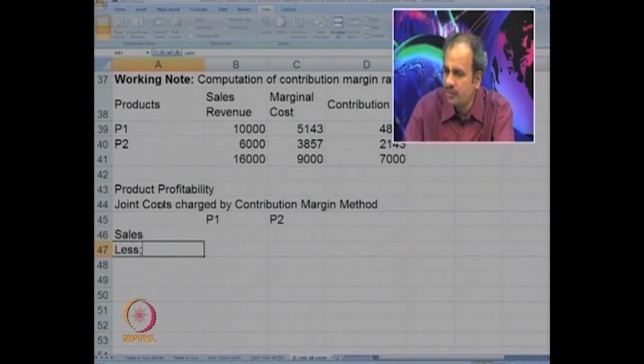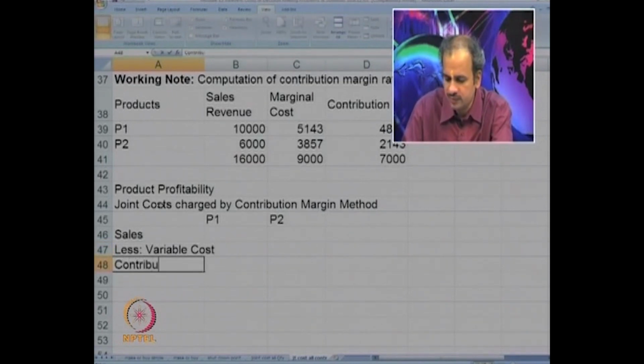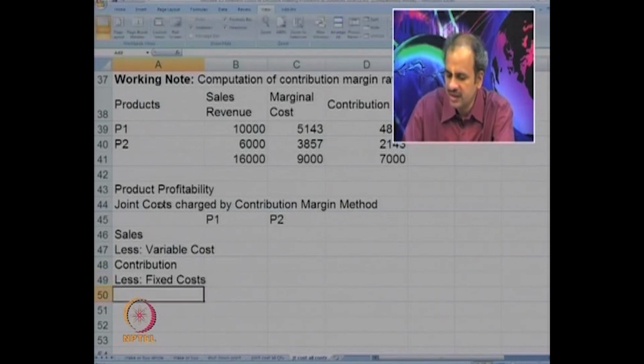You know how to calculate profitability. We do sales minus variable cost, that gives us the contribution, and contribution less fixed costs gives us the profit.